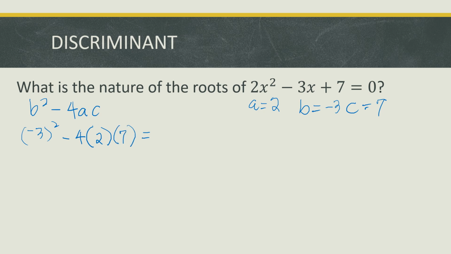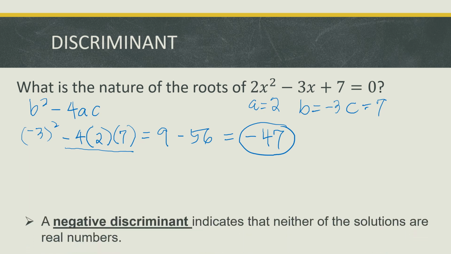Evaluate: negative 3 squared is 9. Then negative 4 times 2 is negative 8, times 7 is negative 56. 9 minus 56 is negative 47. And we have a negative discriminant. A negative discriminant indicates that neither of the solutions are real numbers; we have two imaginary solutions.